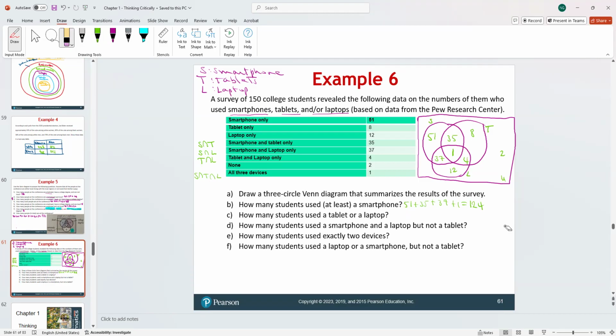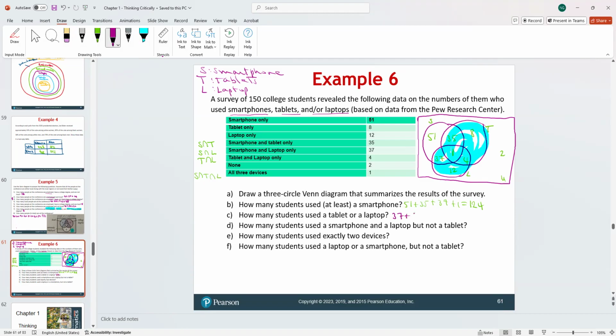Okay. So the same way you see there, we take everything in these two circles. Okay, let's do it.